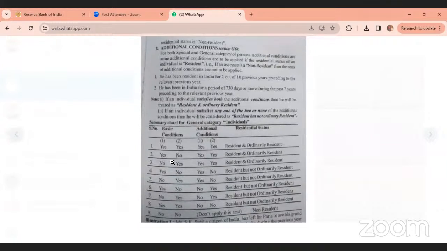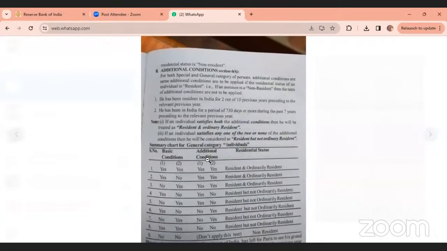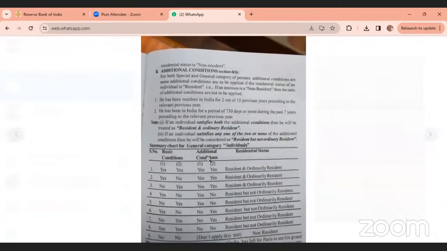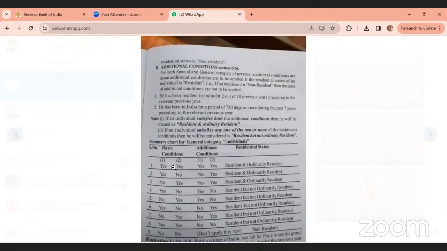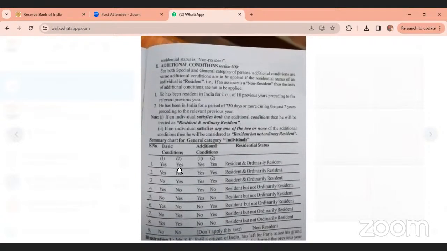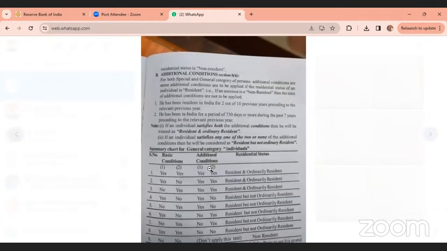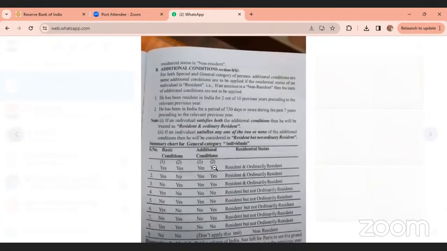So here, summary chart for individual. See, basic conditions, there are two basic conditions, additional conditions 1 and 2. If the person satisfies the 2 basic conditions, see the first one, basic conditions 2. S means satisfy the conditions, and additional conditions also 2 conditions they satisfied.